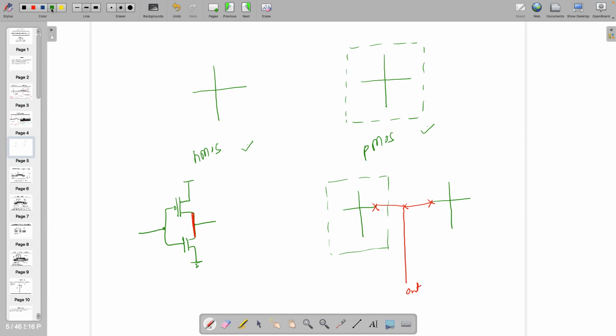Then the up one will go to VDD. This goes to ground. Similar layout you can make. Layout looks like this one. So this is called stick diagram, by the way. Anyway, you will study this in detail in another course, which is not part of this one.